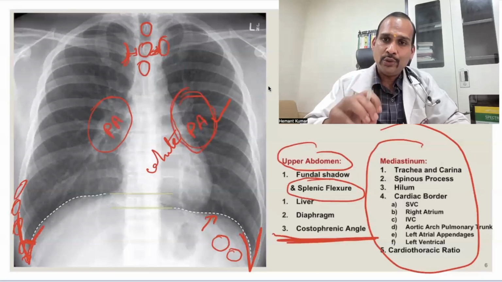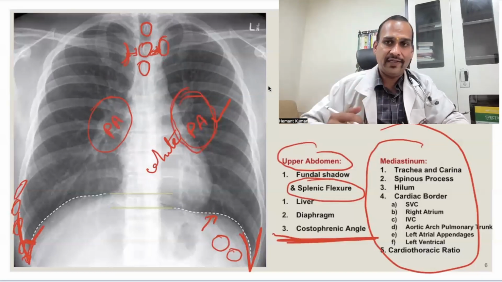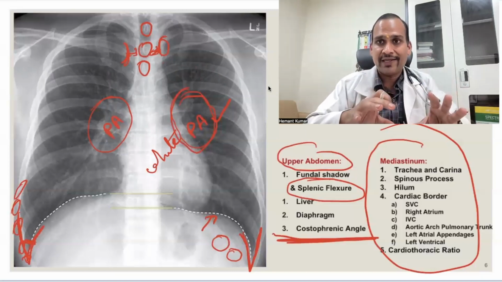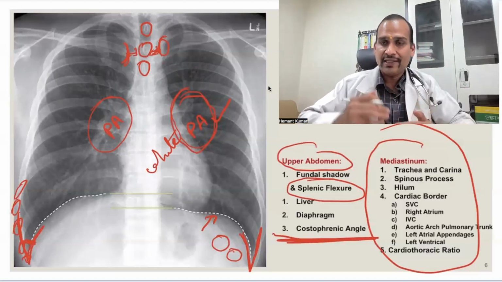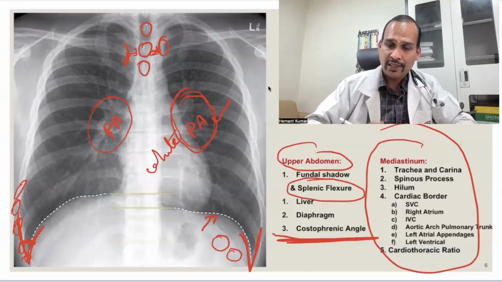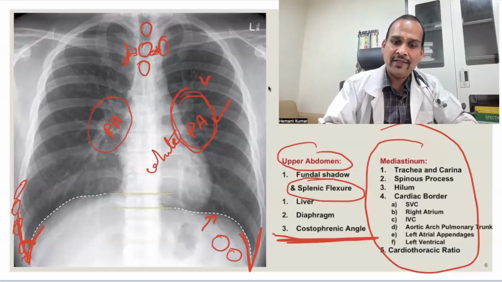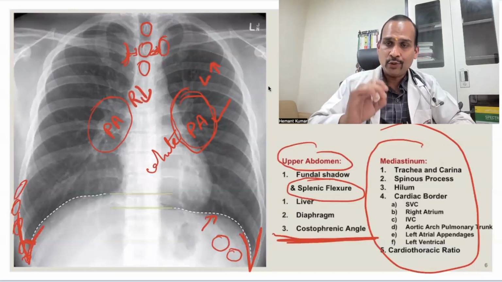As I told you, the right diaphragm is higher than the left, but for the hilum it is opposite. The right hilum is on the lower side, and the left hilum is on the upper side. Why so?